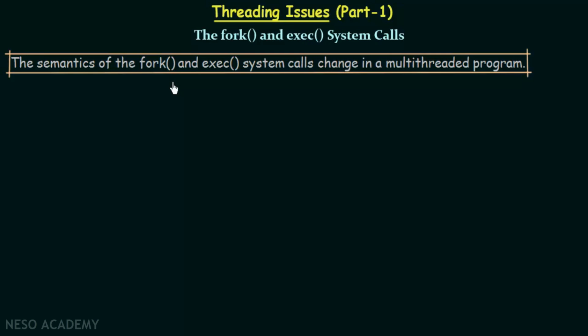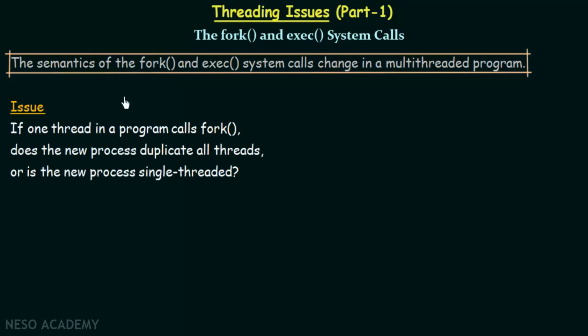So when a particular thread belonging to a process calls the fork system call, will all the threads present in that process be duplicated, or will only the thread that is calling the fork system call be duplicated? That is the question we can have. So this is the issue. If one thread in a program calls fork, does the new process duplicate all threads, or is the new process single threaded?